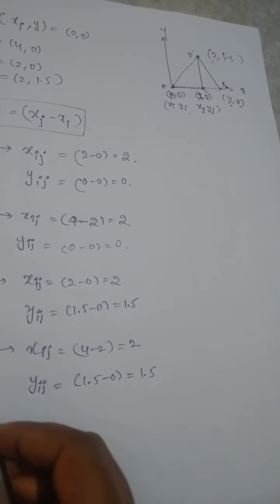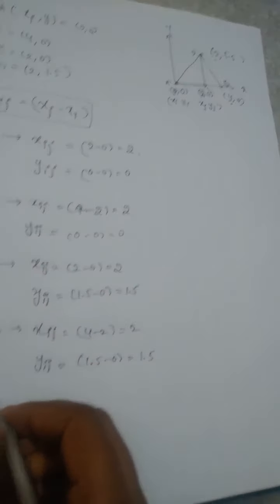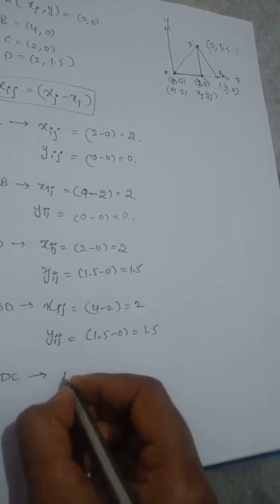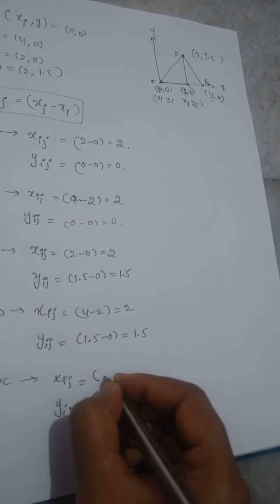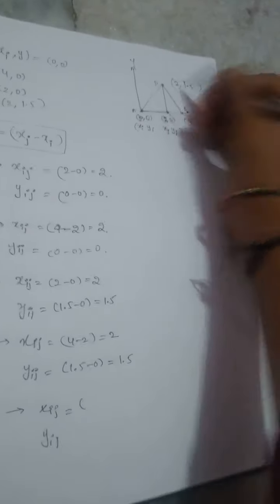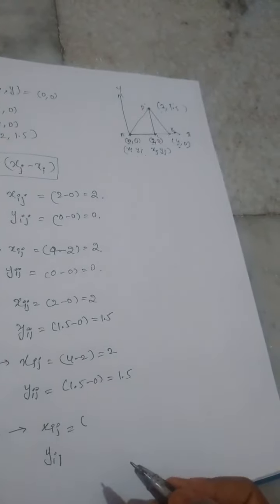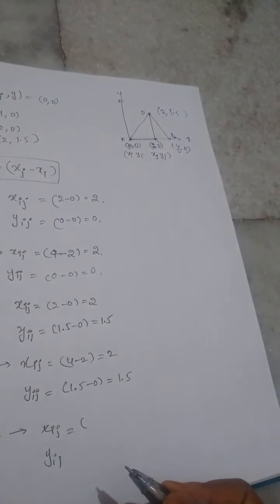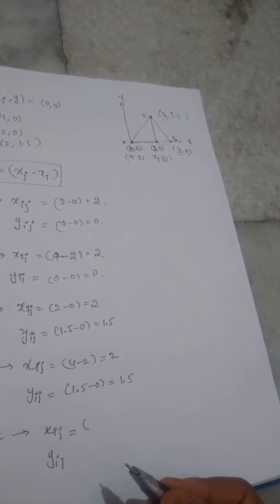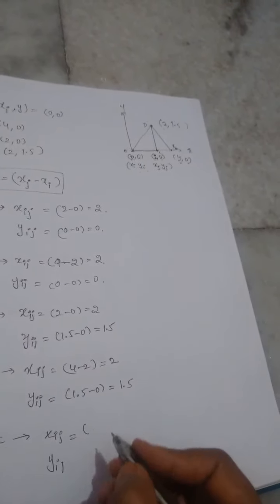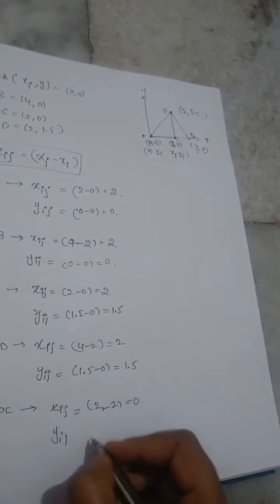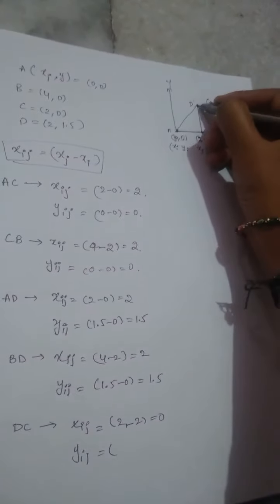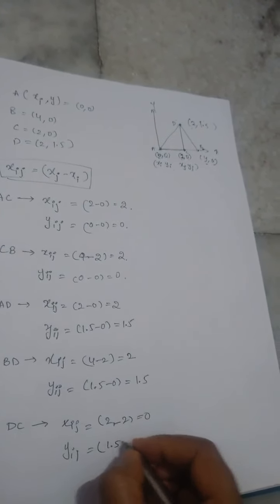Then one more, DC, is left here. Again xij and yij. Here the x is 2, so 2 minus 2 is 0. Then for the y distance, here the y is 1.5 minus 0, which is 1.5.